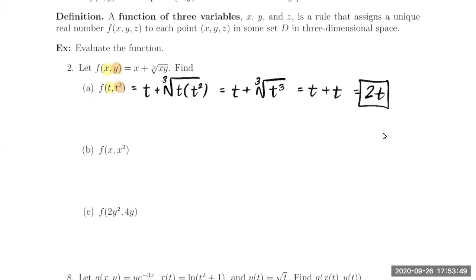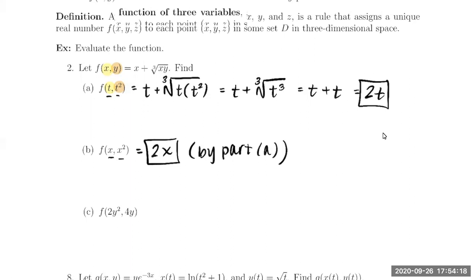All right, so this is our new function now in terms of a single variable. When we look at b, it's the exact same function except for instead of t's, we're now plugging in x's, but they're the same exact expressions. So I'm going to skip all of the extra work and just say that this is 2x. And I'll just note this follows from part A.